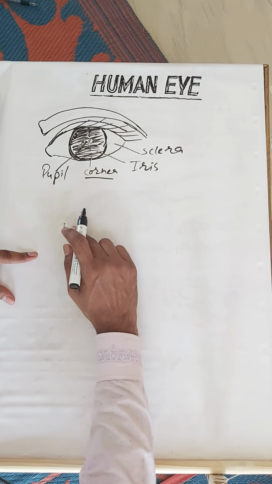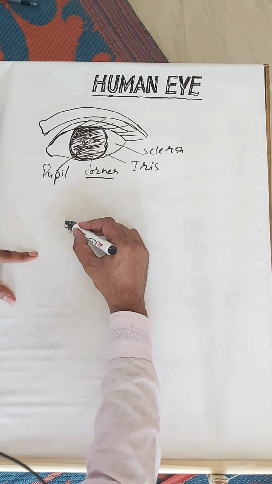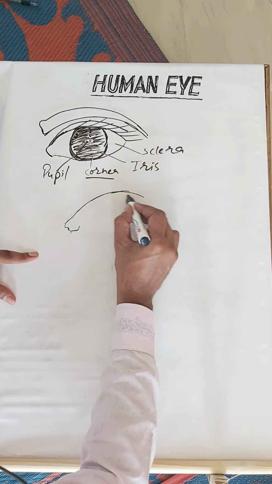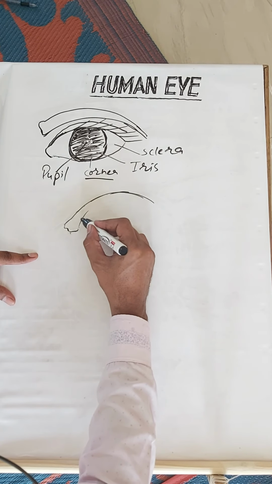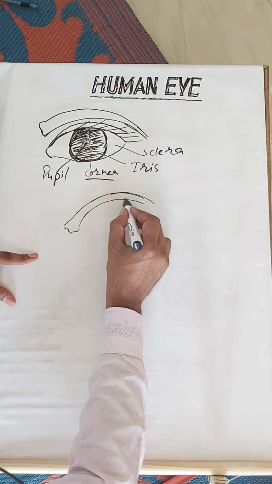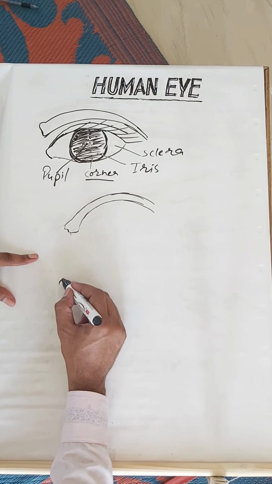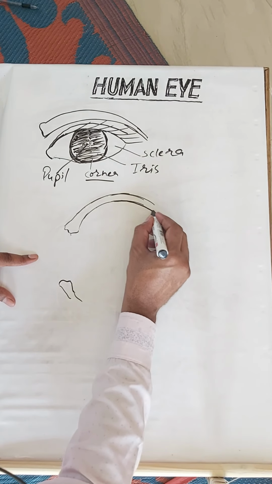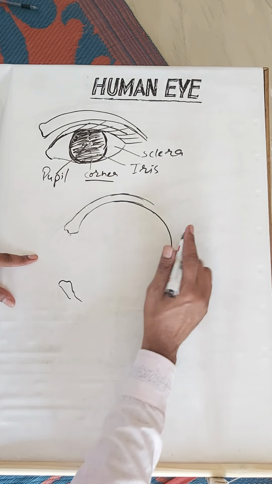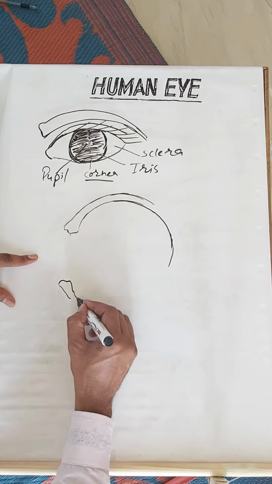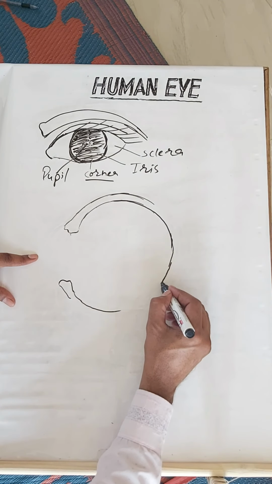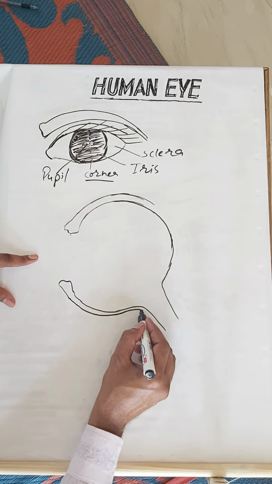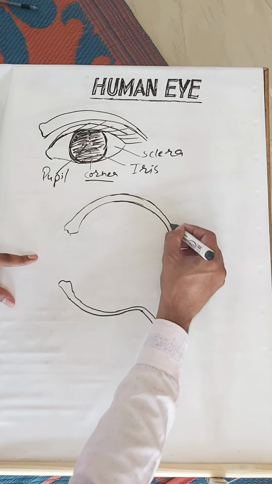Eyeball is spherical. This layer is choroid. कोरोइड बना रहा हूँ जो कि मिडल लेयर है. कोरोइड इज मिडल पोर्शन. Okay, very easy to draw.